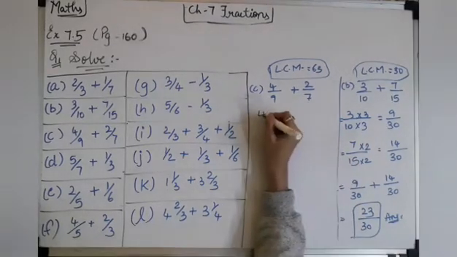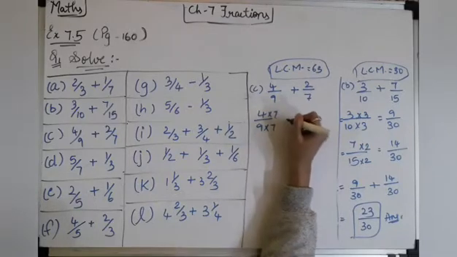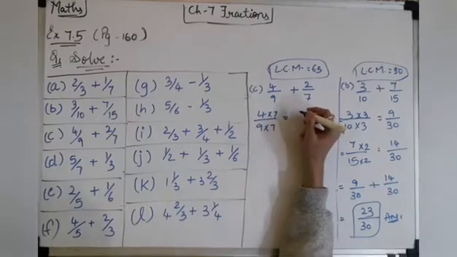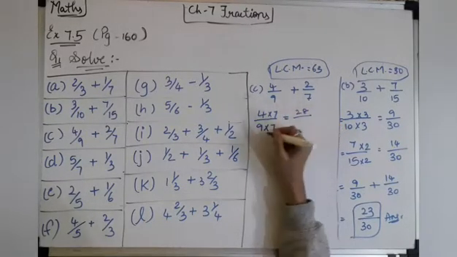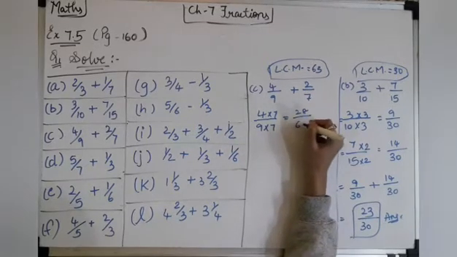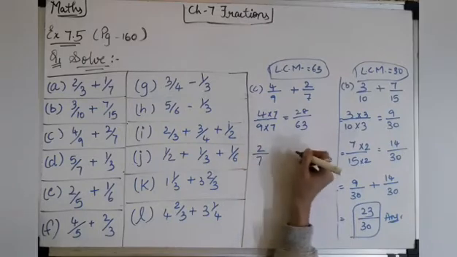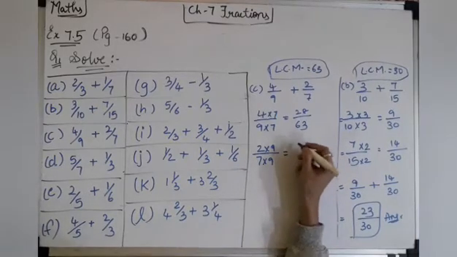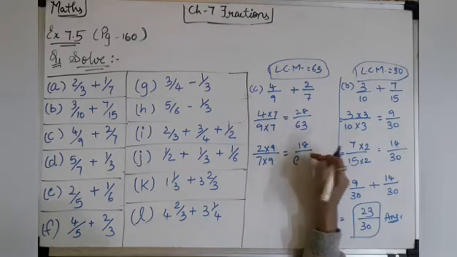In the denominator we need 63. 9 sevens are 63, in the numerator also 7. 7 fours are 28, and 9 sevens are 63. 2 upon 7: 7 nines are 63, so in the numerator also we multiply by 9. 2 nines are 18 and 7 nines are 63.